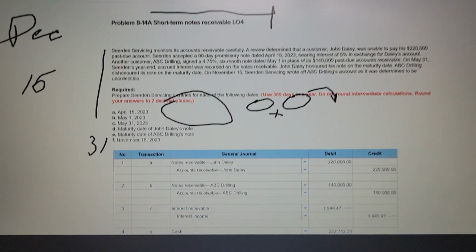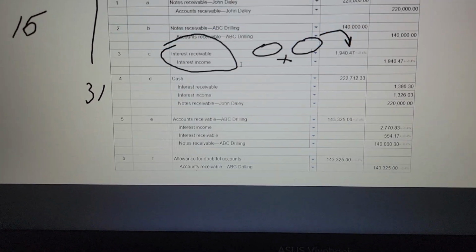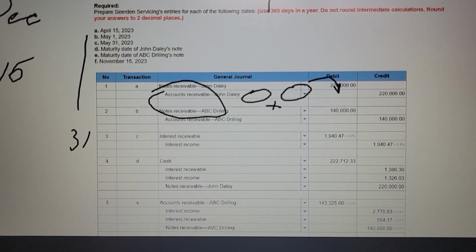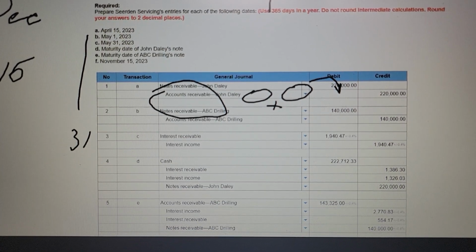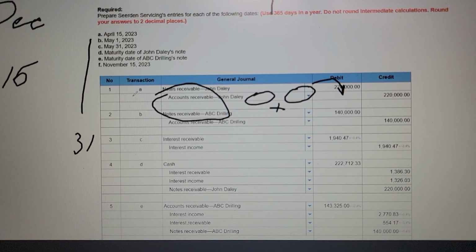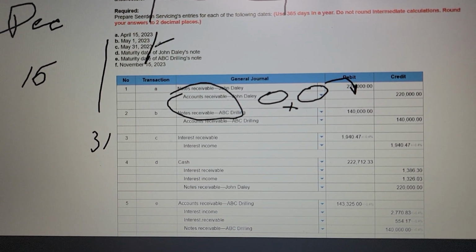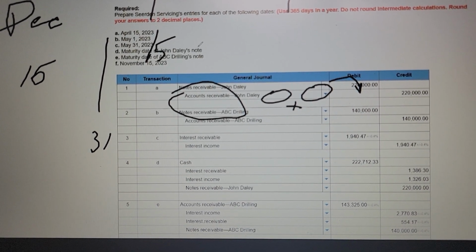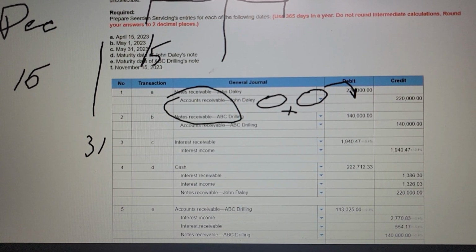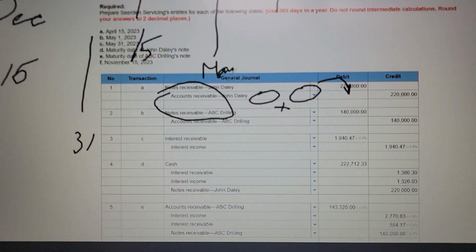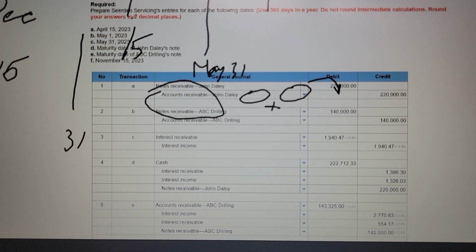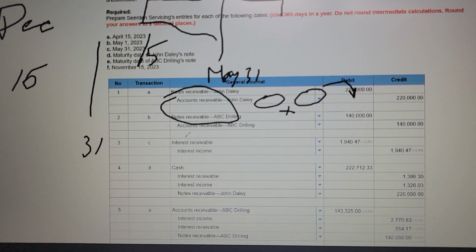So for this one here, the April 15, is 90 days. So from April 15 until what? Until May 31st. I calculate for this. That's the interest for this one, the interest receivable, the interest earned.